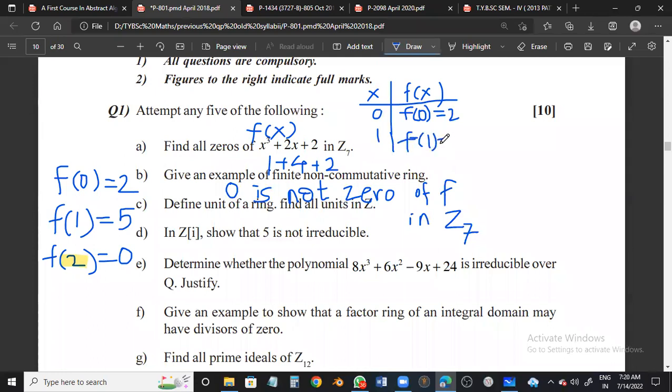And what clicked to my mind was I may add one more column. If 0, here you'll say no. Here again you'll say no. And for 2, you'll write f of 2 equal to 0, and you'll say yes.